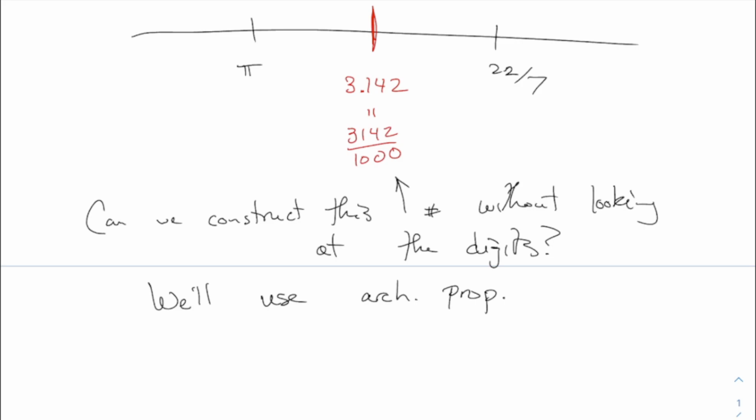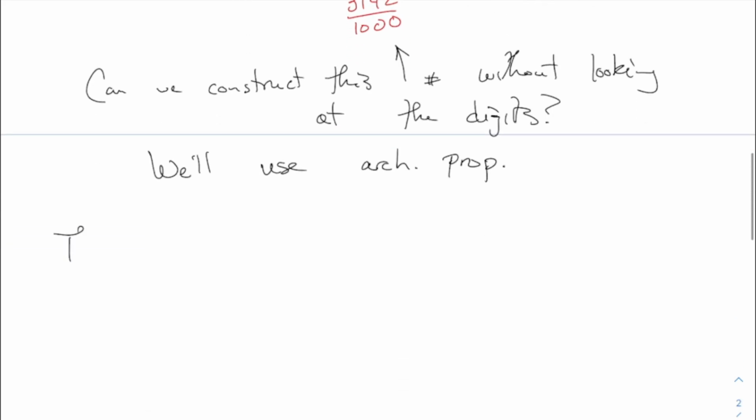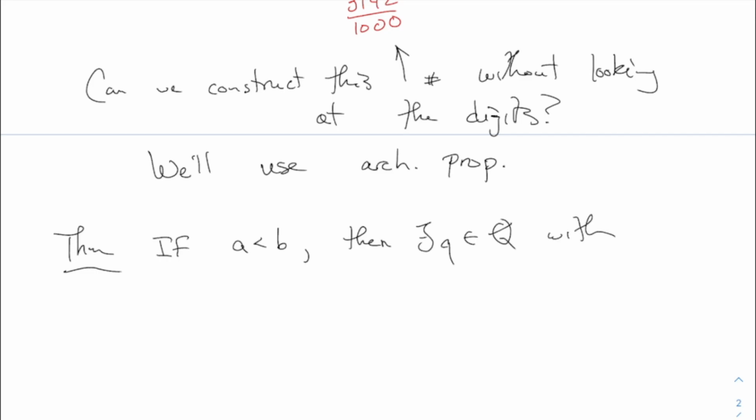All right, so let's try and do this. I'll write the theorem again. It says if A is less than B, then there exists Q in the rationals with A less than Q less than B. Now I'm going to use the Archimedean property, the small version, which says no matter how small, if you have a really small number, there's always some 1 over n which is less than that number, all right?